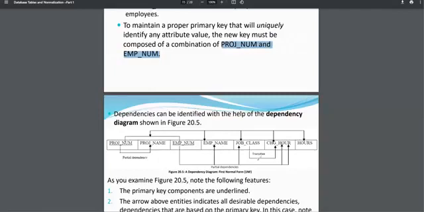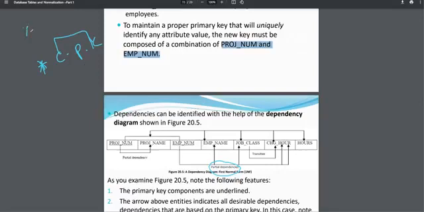Now we know what partial dependence is. When we are talking about partial dependencies, we should know one important thing: the composite primary key.